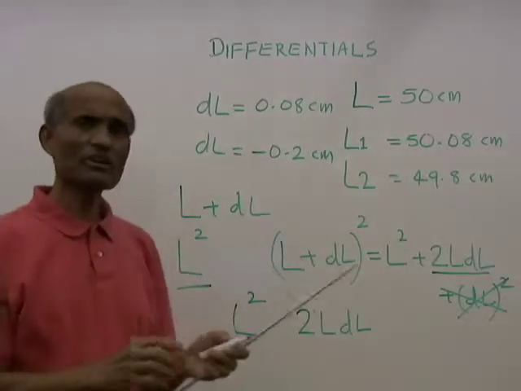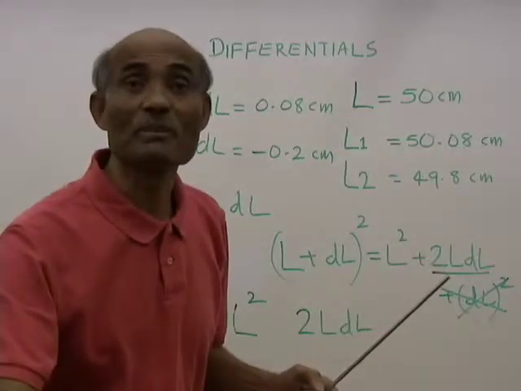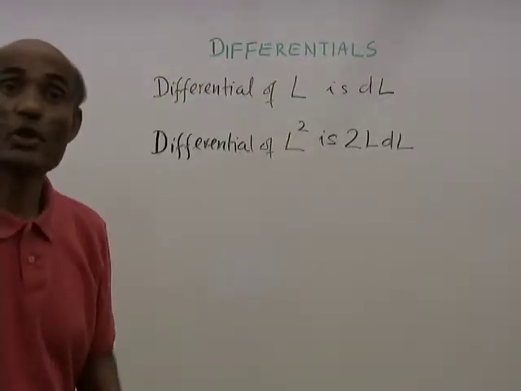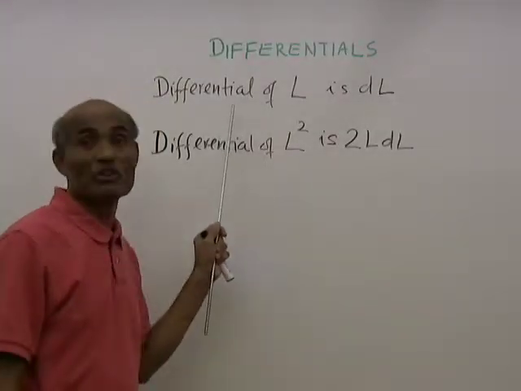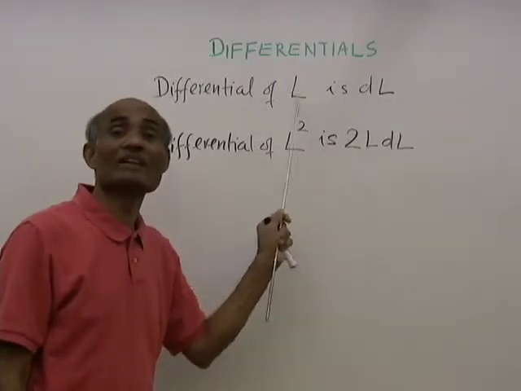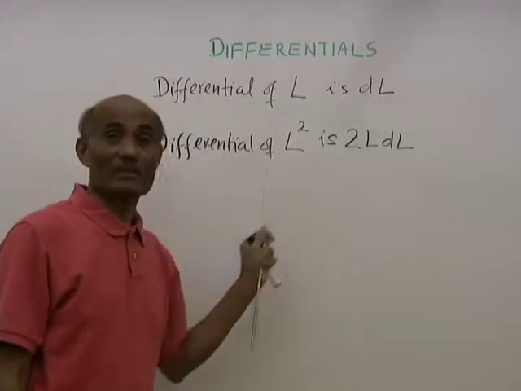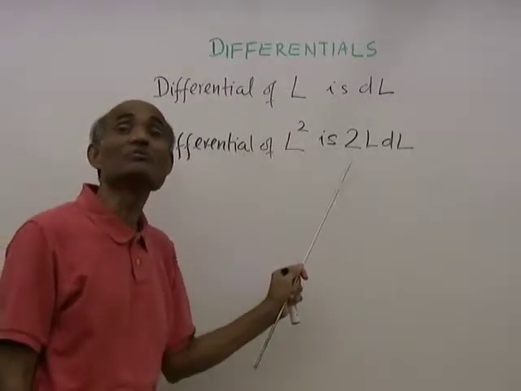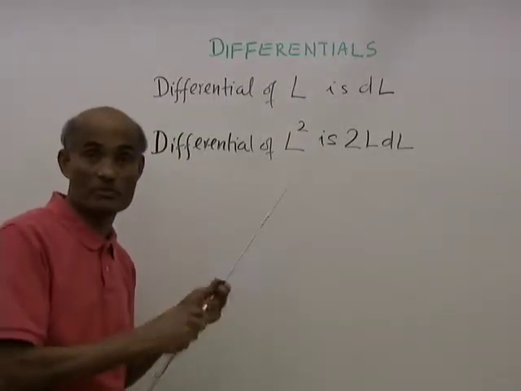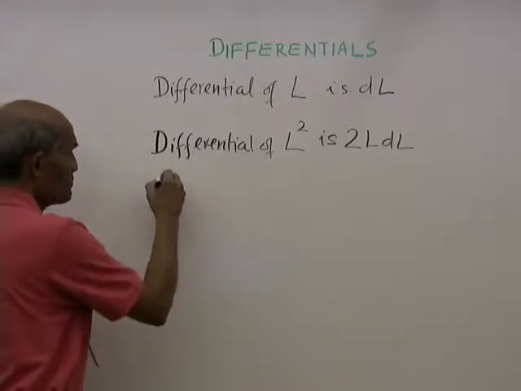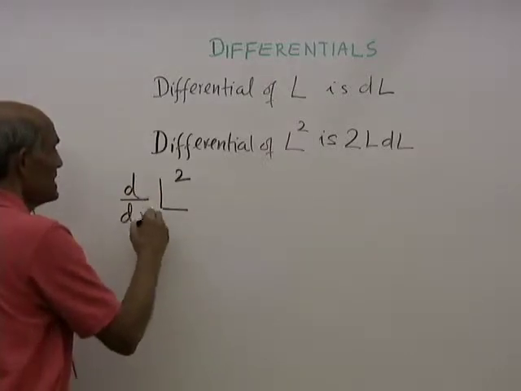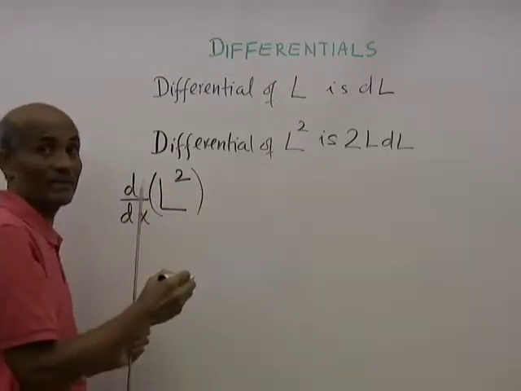Well, that's not very difficult to understand because it is very much similar to the concept of derivative. Is that right? So, let's look at it one more time. We said differential of L is dL. The error in measuring the length L is dL. The differential of L squared is 2L dL. Now, can you connect it to the concept of derivative? Tell me, what is the derivative of L squared, that is d by dx of L squared?